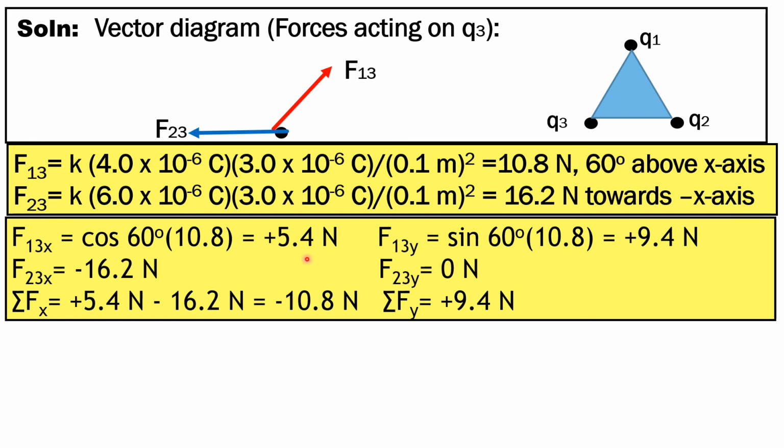So, what do we do next? We just add the x components of the two forces, meaning positive 5.4 newtons to be added to negative 16.2 newtons, and we call their sum the summation of Fx. That is equal to positive 5.4 newtons plus negative 16.2 newtons, or simply minus 16.2 newtons, and we will get a summation of Fx equal to negative 10.8 newtons.